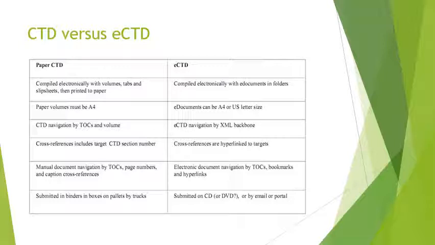If you click the target, you will automatically reach the set destination. In CTD, page numbers are used for navigation, whereas in ECTD there are bookmarks and hyperlinks.